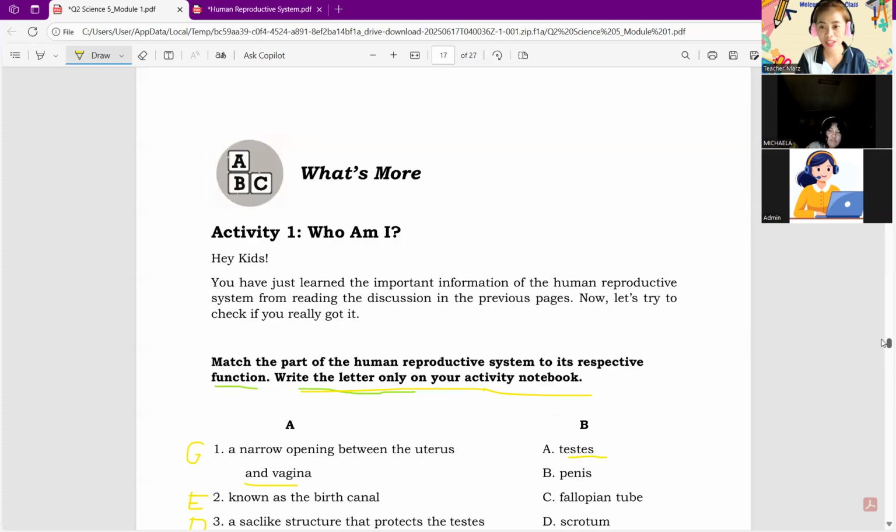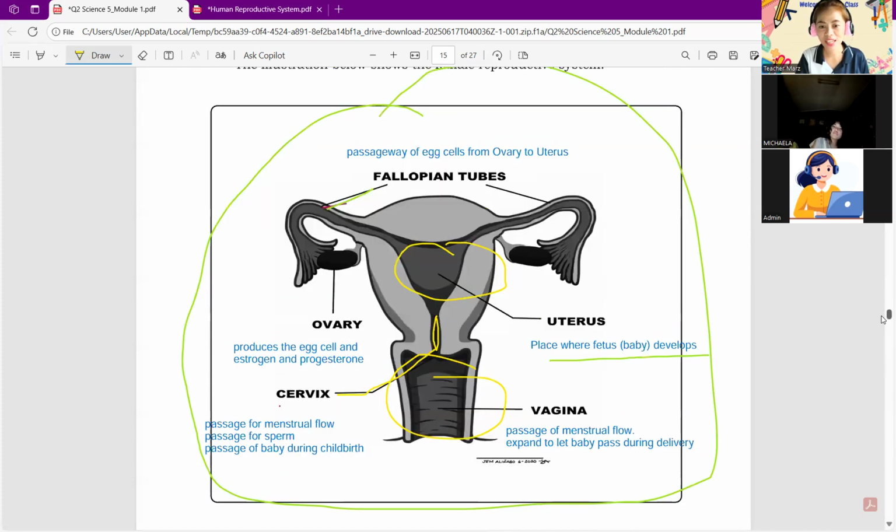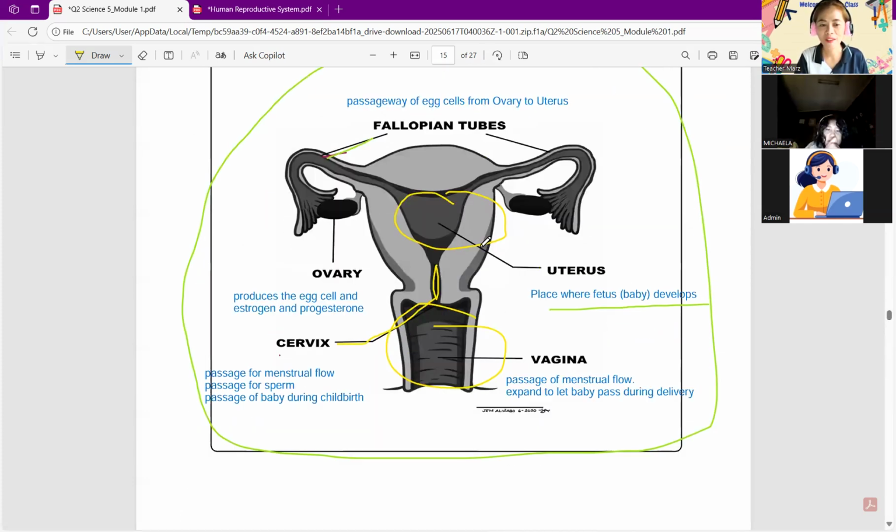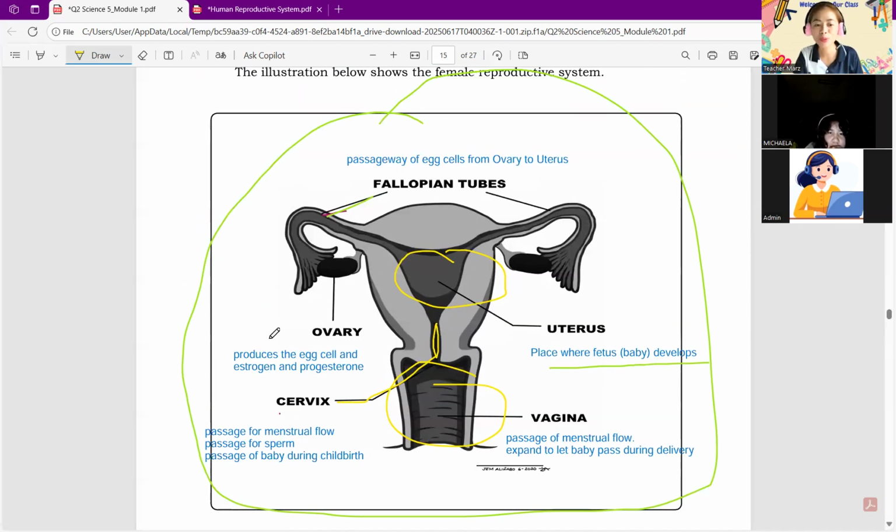Let's try to check again with the illustration. All right. So here it says it released or produced the egg cells and the estrogen and progesterone, or the female sex hormones. So here is the part where the egg cells and other female sex hormones are being produced, right? In this part here.